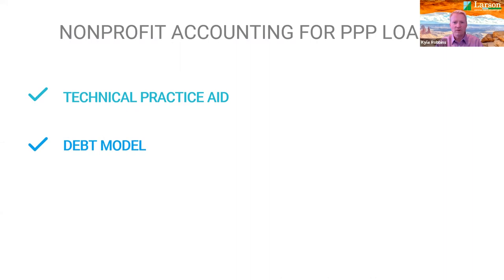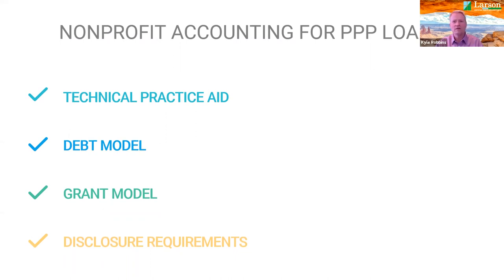We're going to go through the different models that technical practice aid provides. First is the debt model, and then there's the grant model. And then finally, we'll talk about some of the disclosure requirements that will be applicable depending on which model you follow. So we'll get into that as well.